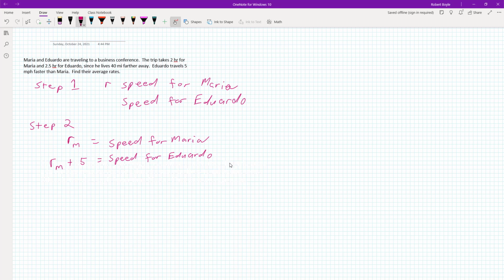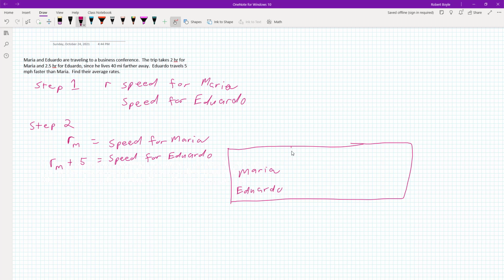Also in step 2, we have a little table, which is a shorthand version of this. We have Maria here, Eduardo here, and then we have our rate, our time, and our distance.